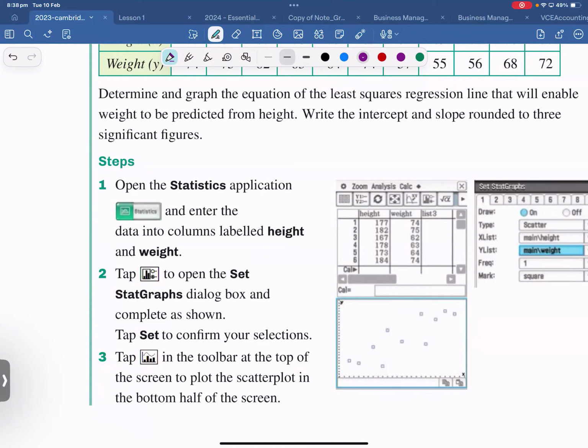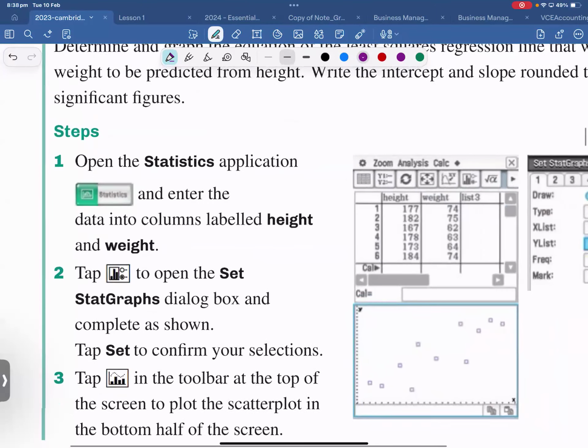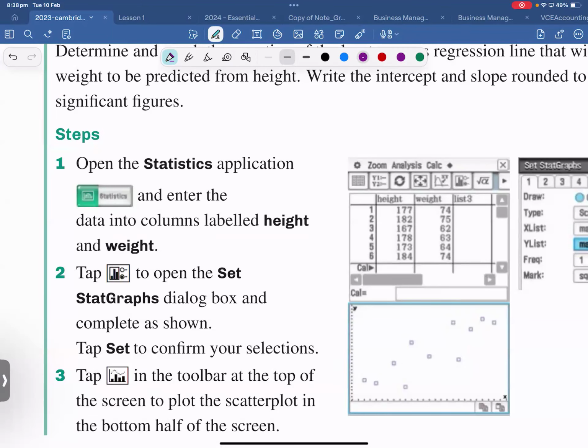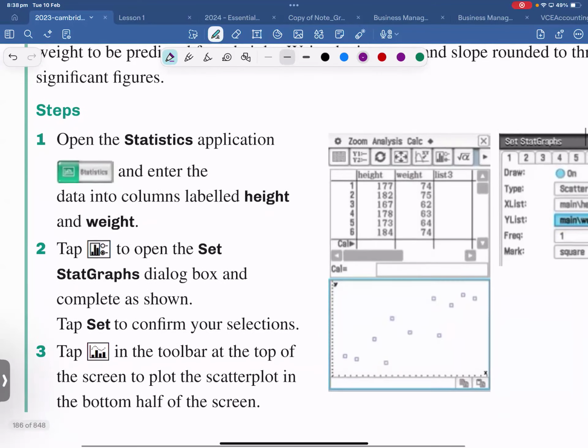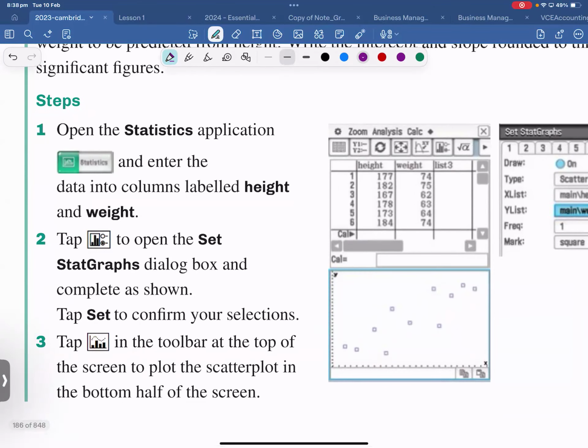Then after that, you have to label the columns. See this one? I have height, weight, in this case, right? Then after that, you have to have that graph thing, right?